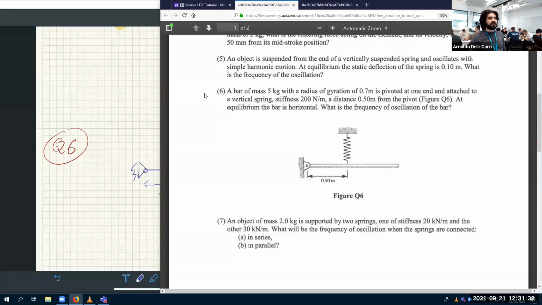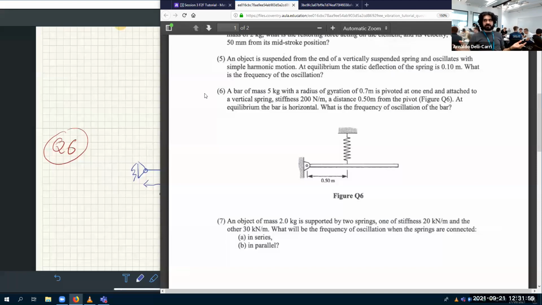Okay, a bar of mass 5 kilograms with a radius of gyration. What is the radius of gyration of something? Guys, first year, remember? Remember what we did, lecture 7 in 4025 MAA? Come on. Radius of gyration. What is the radius of gyration? What is the mass moment of inertia of something?